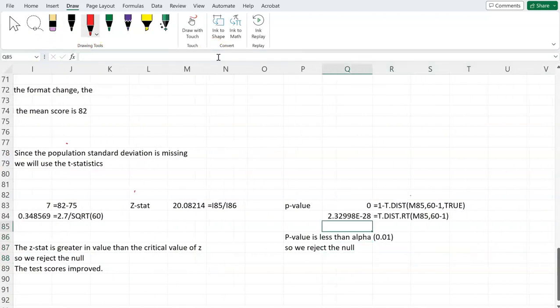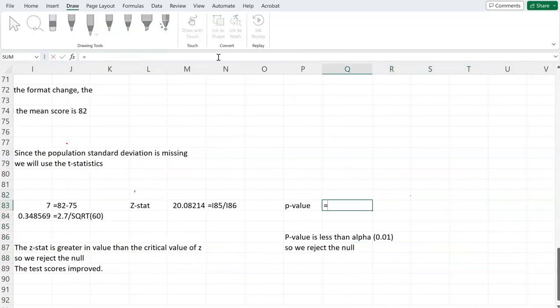For our p-values, we no longer need t.dist. The p-value would be equal to norm.s.dist. This is my z-value. Cumulative is true. But if I write this, I will get a value of 1, because it's measuring the area from left to right, just like with the t-value.